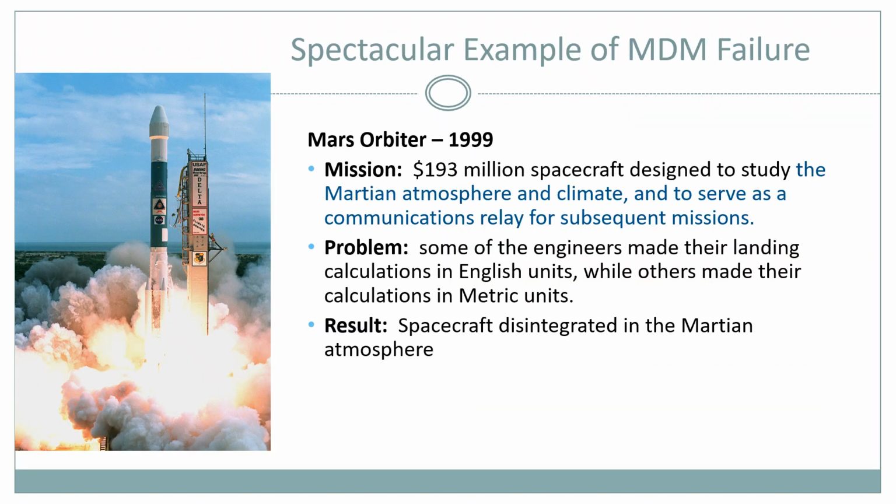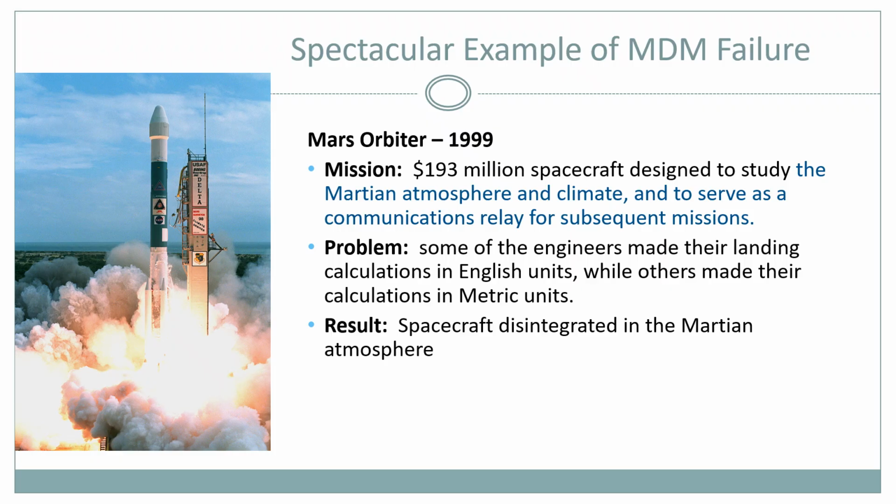Now this is an example of when it failed. You have a space mission in 1999. It was a Mars orbiter, and this was an international project where you had engineers putting together the systems and the computer systems and guidance systems on the spacecraft.